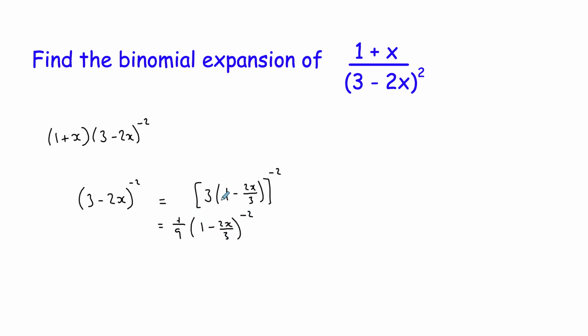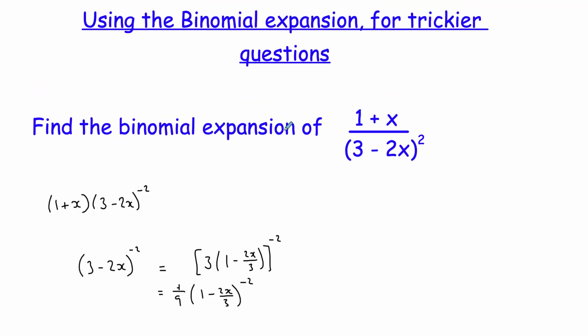So this is the expansion that we're going to work out, and we need to remember to times each term by a 9th when we've done the expansion. I've not specified what term to go up to. Let's go up to x cubed.